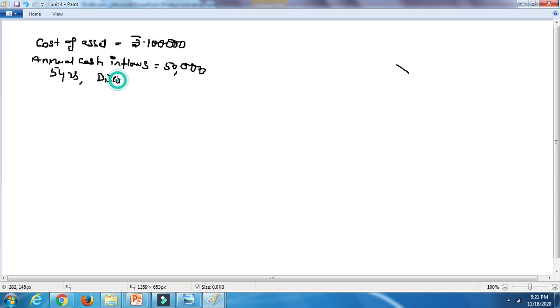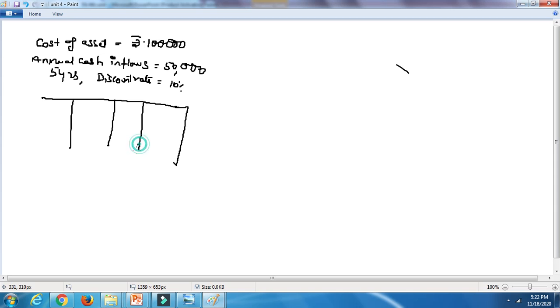So this would be the format of NPV: years, cash inflows, PV at 10%, and total PV. In the question 10% is given, so you are going to take 10%.